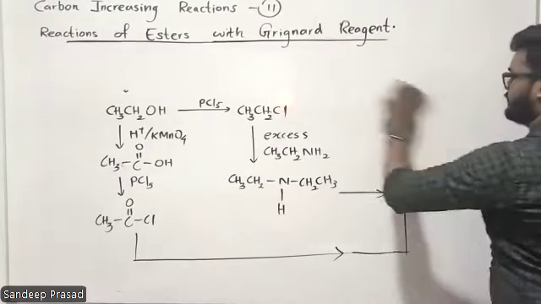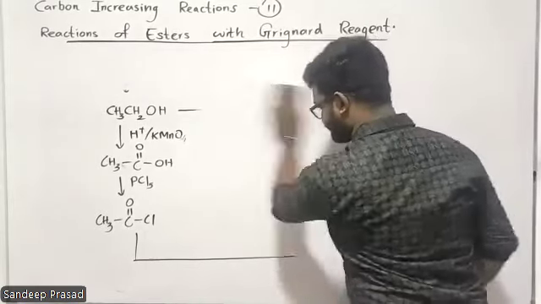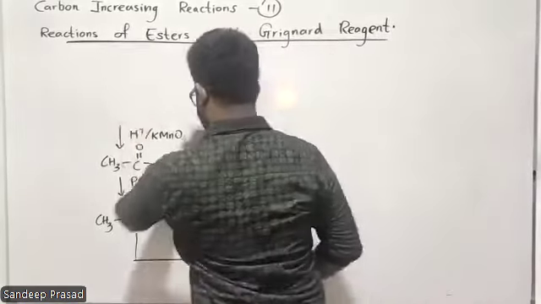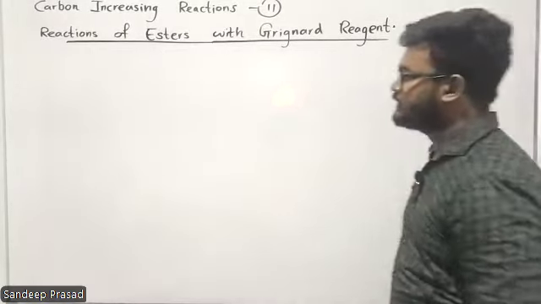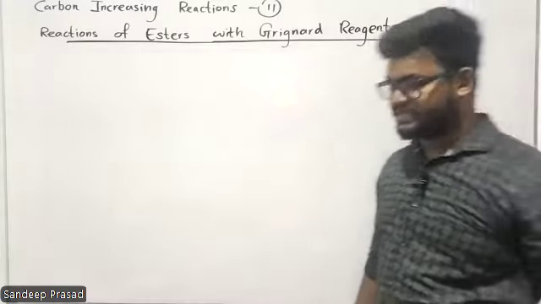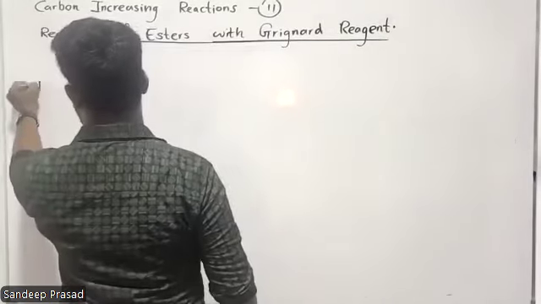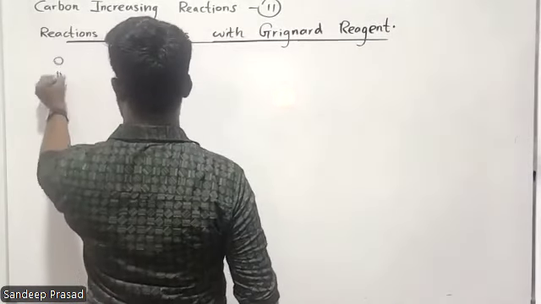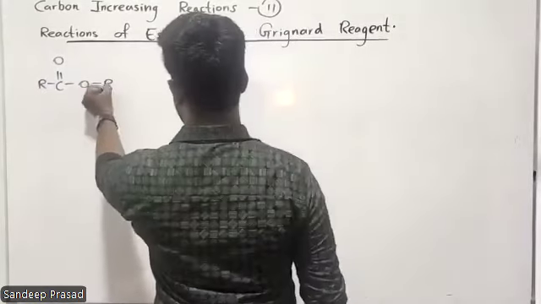Let's see how this reaction is proceeding. Since we have discussed the reaction between Grignard reagent and aldehyde or ketone, now this is the reaction between esters and Grignard reagent. So let me consider an ester like R, C double bond O, with another alkyl group R here.